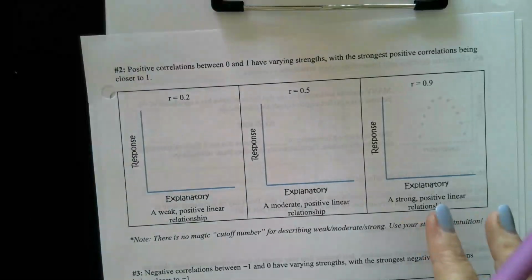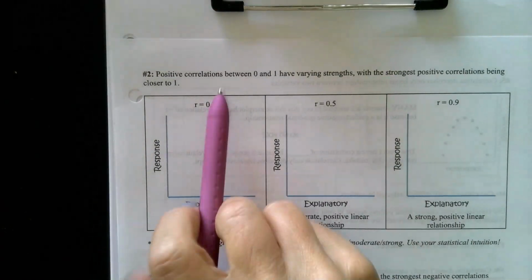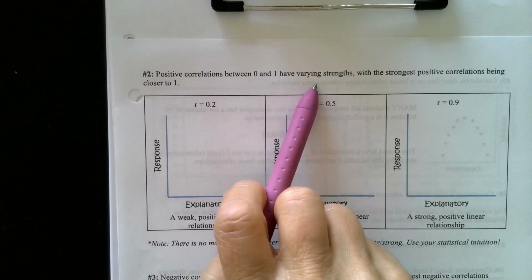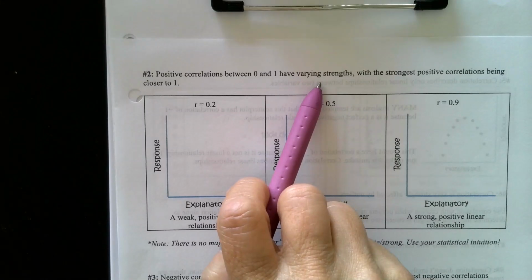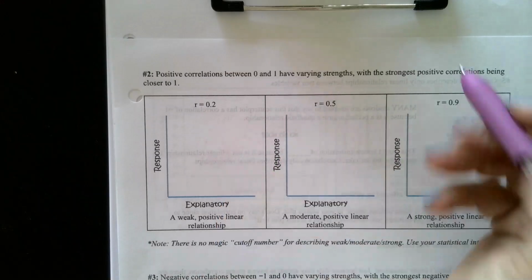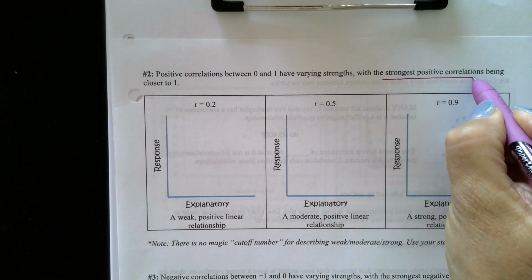All right. So the next little tip or fact that we have here is that positive correlations between 0 and 1 have varying strengths. We know that strength is one of the variables that we measure when we describe the characteristics. So the strongest positive correlation is 1.